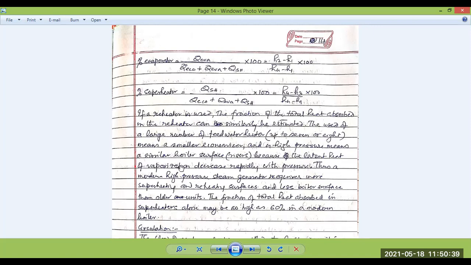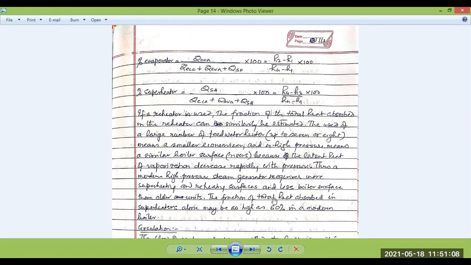High pressure means a lower pressure boiler surface, because the latent heat of evaporation decreases rapidly with pressure. Thus, a modern high-pressure steam generator requires more superheating and reheating surface, and less boiler surface than the older one. The fraction of total heat absorbed in the superheater can be as high as 60% in a modern boiler.